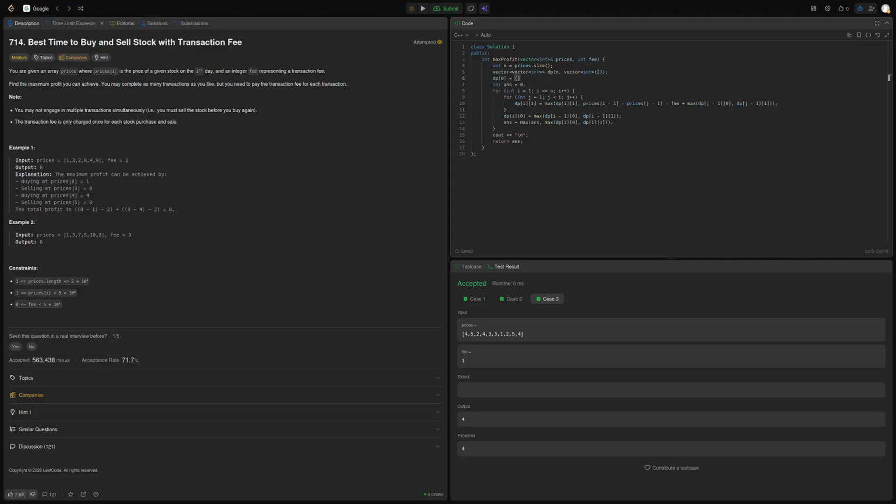DP0 is equal to, and now if I'm not holding on the day, my profit is 0, and if I start holding, then it's already minus prices 0 minus fee, right?